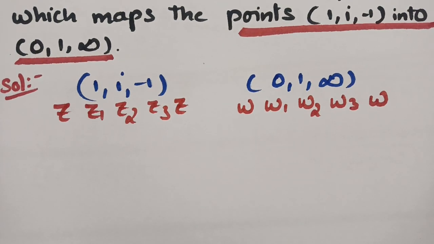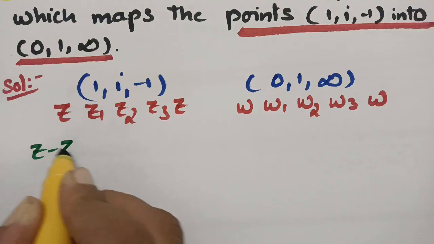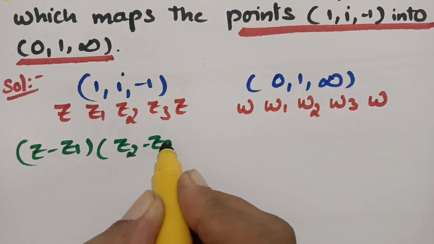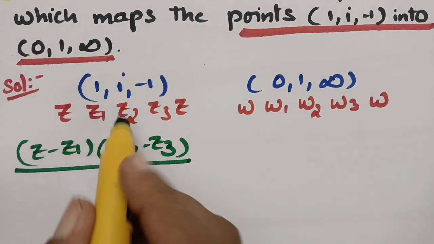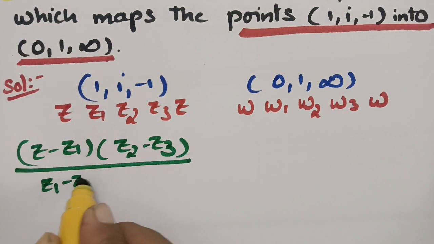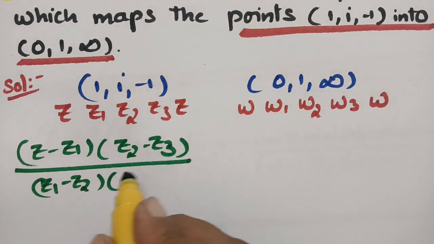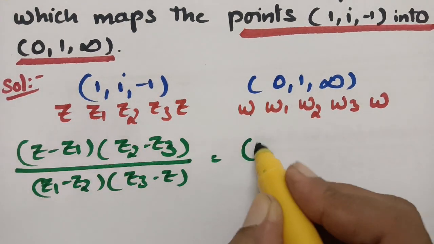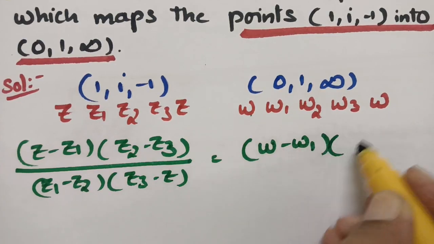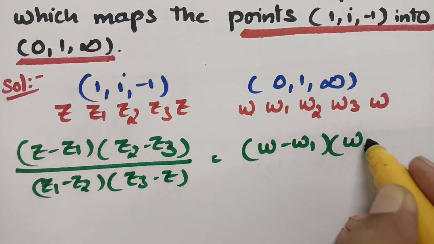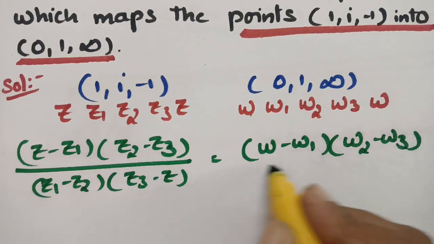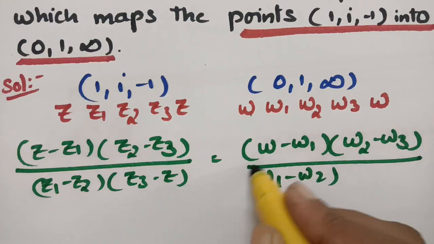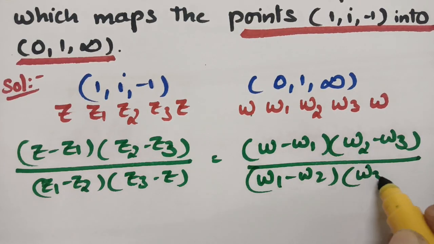First, I am writing the formula for you: Z minus Z1 into Z2 minus Z3, and in the denominator Z1 minus Z2 and later Z3 minus Z, which is equal to W minus W1 and W2 minus W3, over W1 minus W2 into W3 minus W.